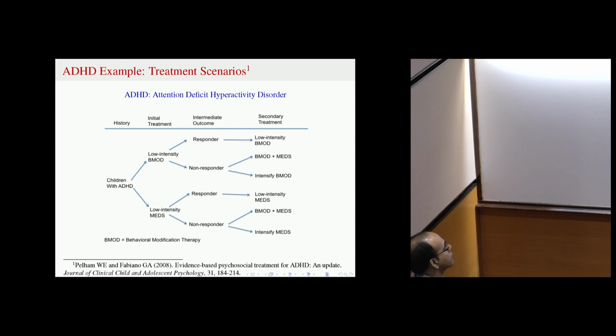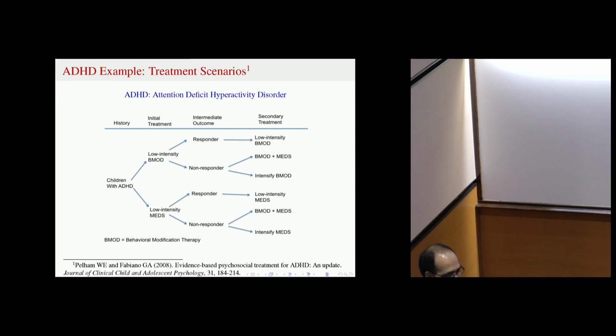And after that, at some certain point, we are not specifying the exact time point, maybe 6 weeks, maybe a month, maybe different time points, but depending on the context, you will have an intermediate evaluation of their response to the drug or the behavioral therapy.